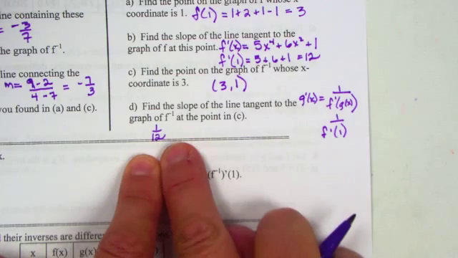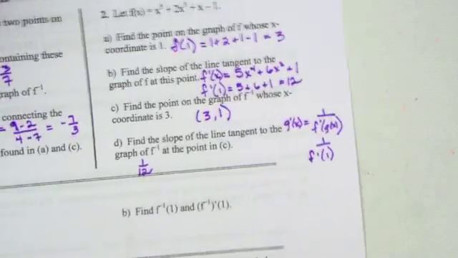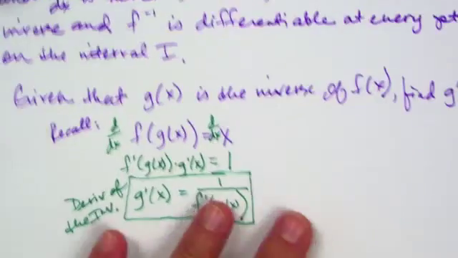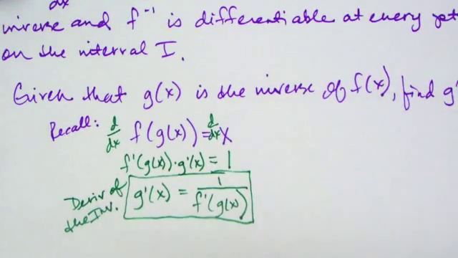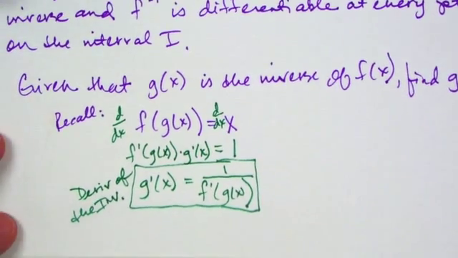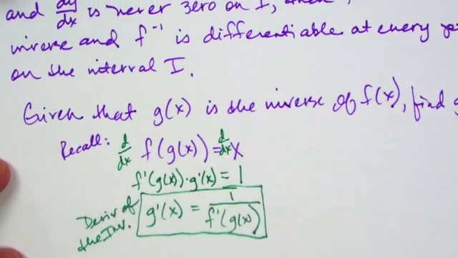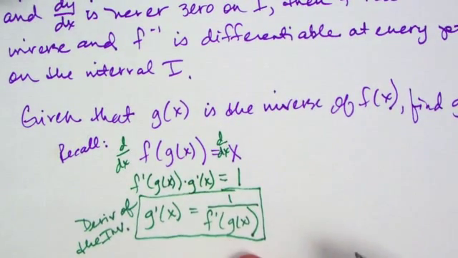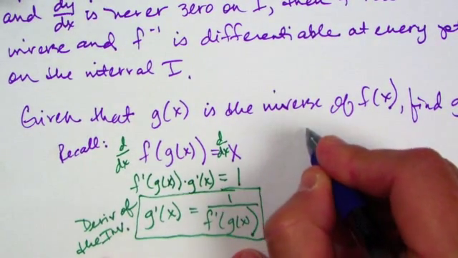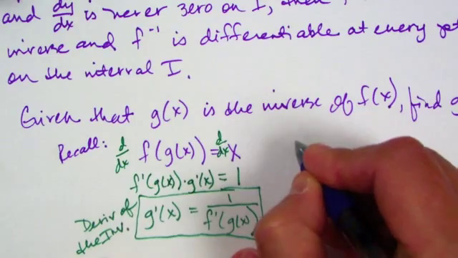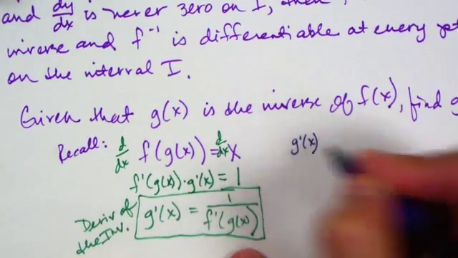Okay? So go back to this and let's label some things. Let's start with g prime of x.